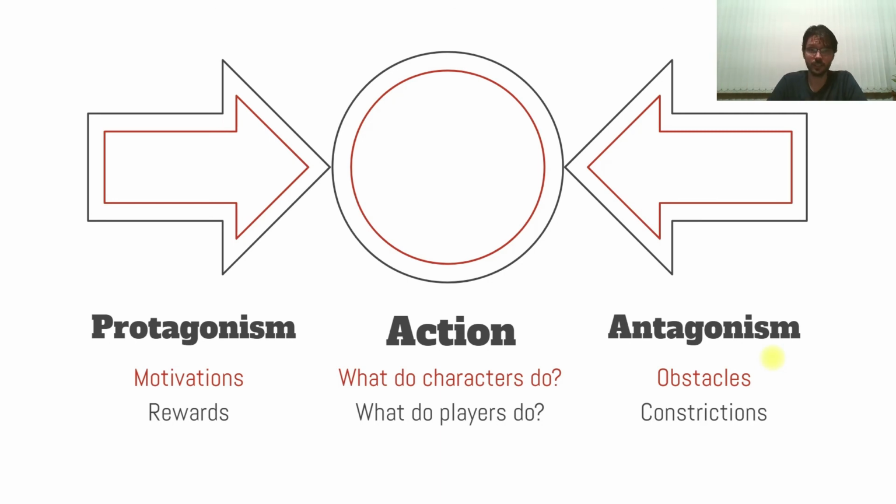And how do you use it as a game designer? Well, during game development, you have to check if those things are aligned. Do you offer tools for the players to do what their characters are expected to do in the fictional world? Do you offer rewards for the players to engage with those mechanics?